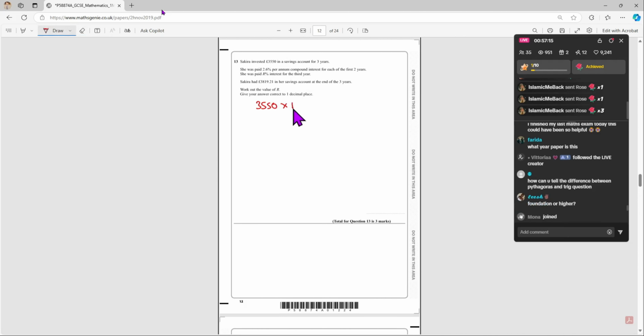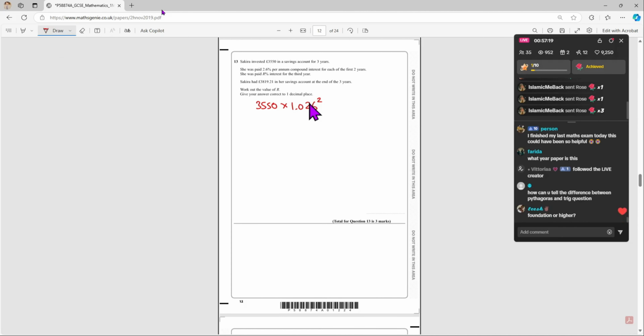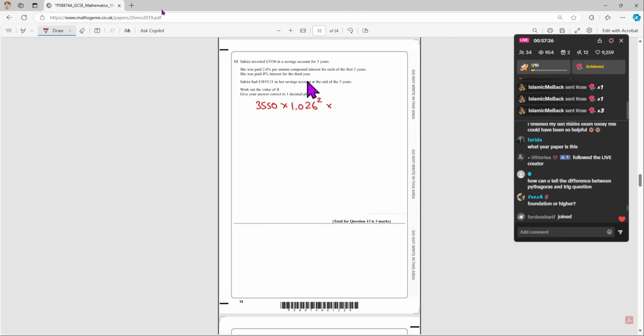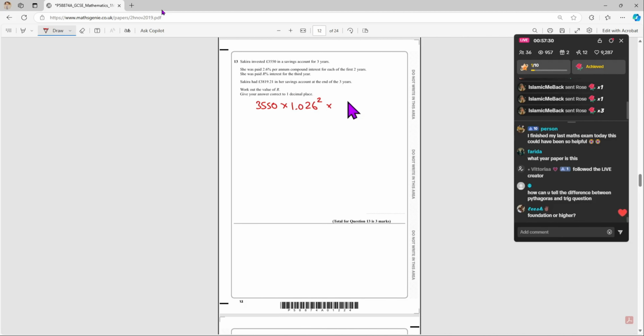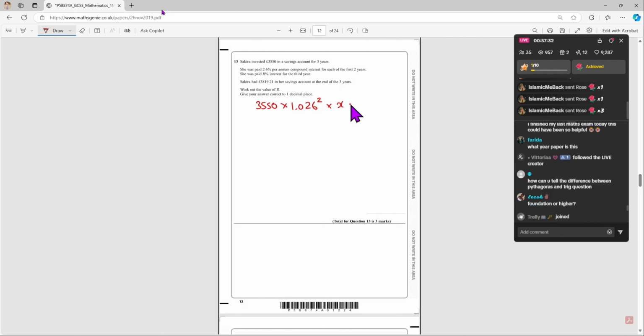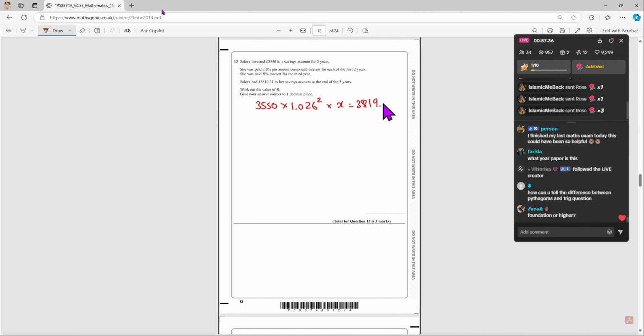It's going to be 1.026 squared, times the x. So x is going to be the interest that she got. So it's going to be times by x is equal to 3,819.21.